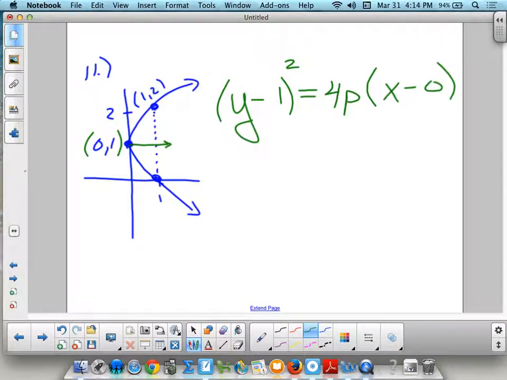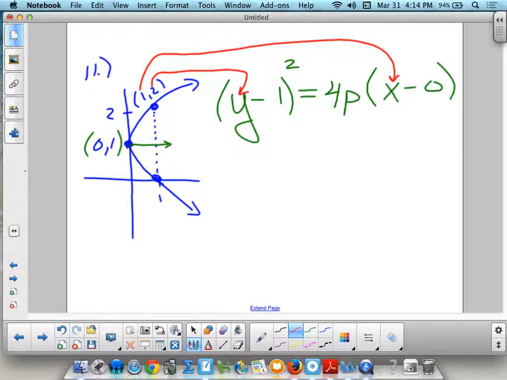To get p, there's only one way, and that is to solve for p. But to get p, you need an x and a y. Here's your x, drop it here. Here's your y. Once they give you points on a parabola, just put them in and solve for p.